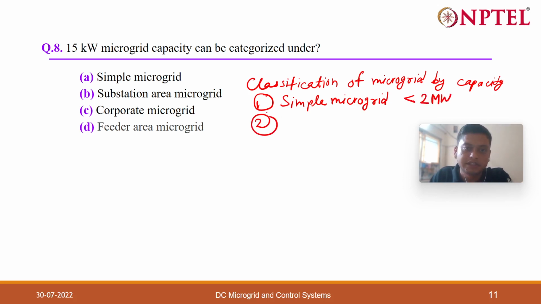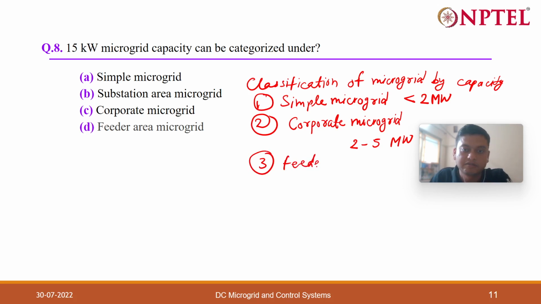And the second one is corporate microgrid, whose rating is 2 to 5 megawatt capacity. And then we have feeder area microgrid, which is 5 to 20 megawatt.